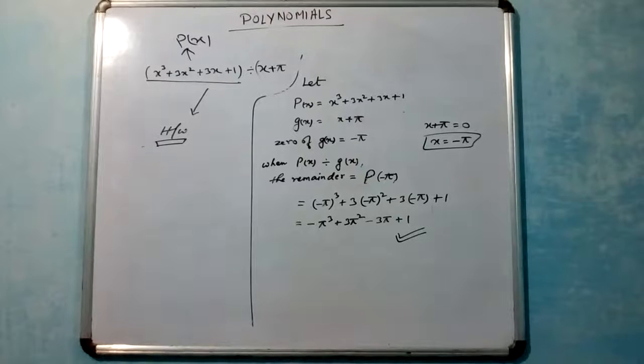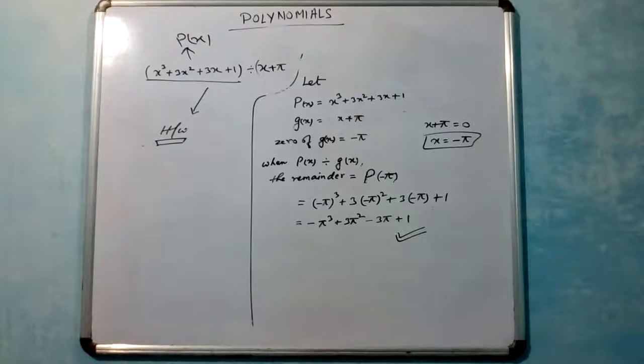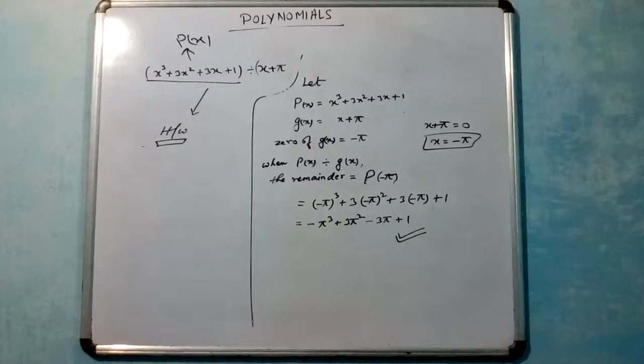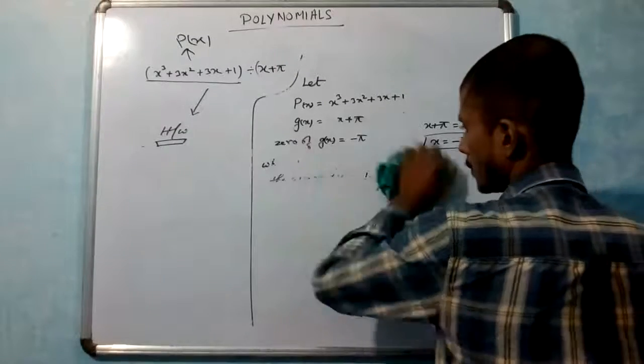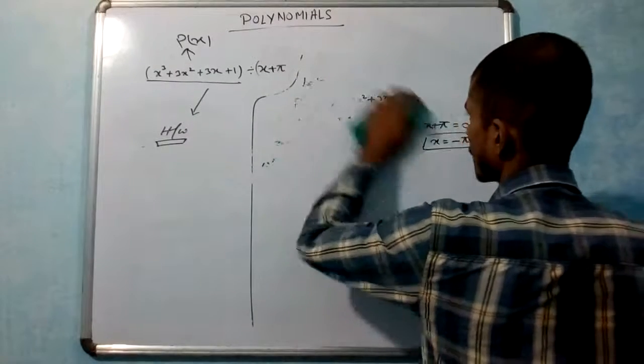Now read the second question. What is given? Exercise 2.3, second question. So how can you solve that?